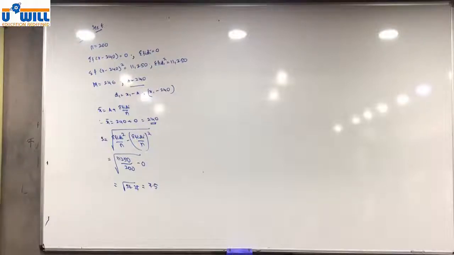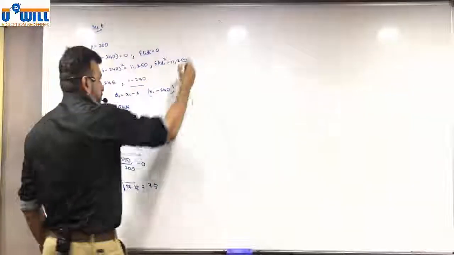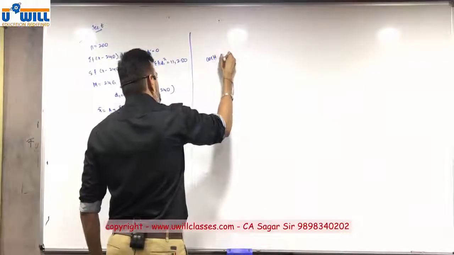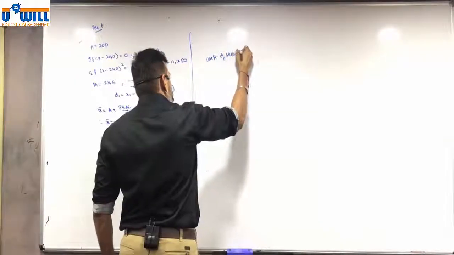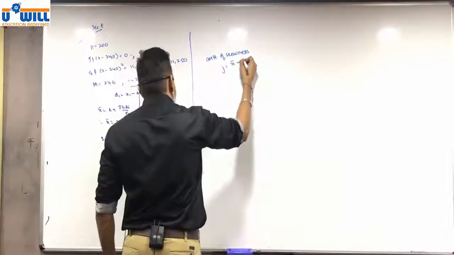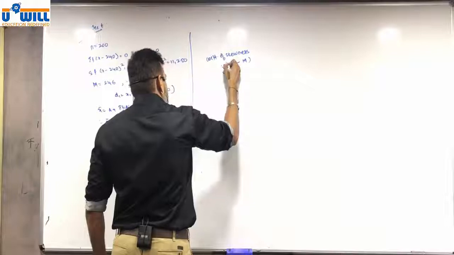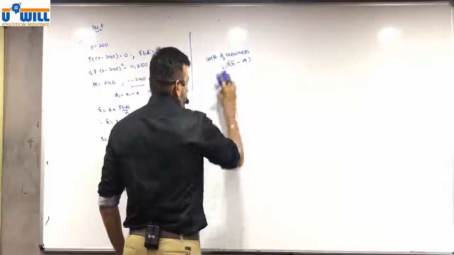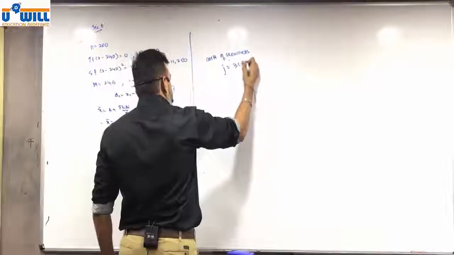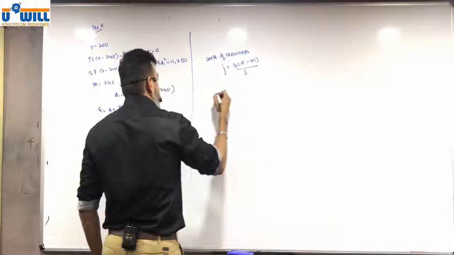What we have to find out? Coefficient of skewness. J is equal to 3 into x bar minus m upon s.